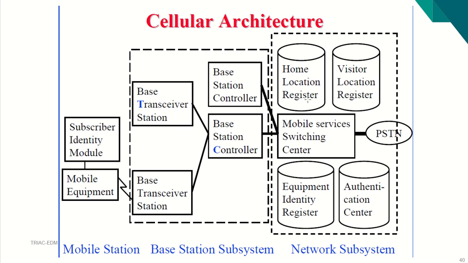As you can see here, you have a register to record which cell phone identities are in this cell, and which cell phones are visitors. Visitors mean that they come from other cells; their home register is somewhere else and does not belong to this cell.